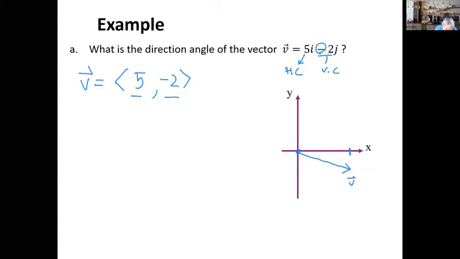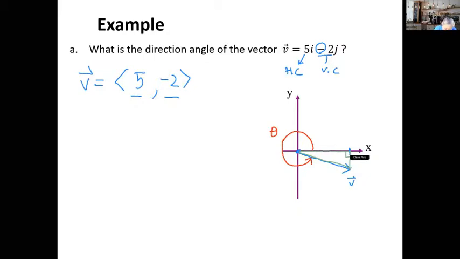Then now we can find the direction angle from the right side of the x-axis all the way up to where the vector is placed. So this is theta. But notice the inscribed right triangle that we're going to use, with the vector being the hypotenuse, is under here.